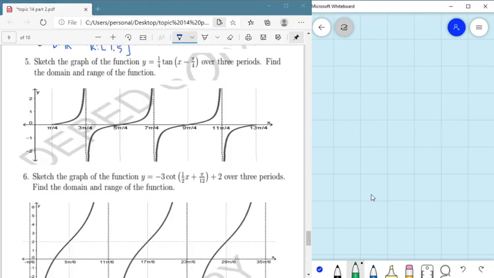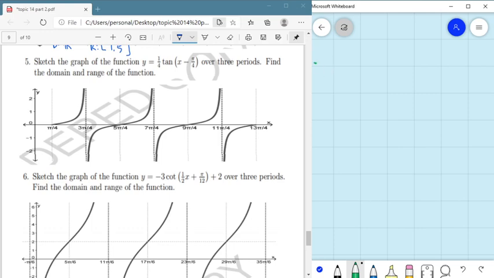Okay, next is number 5. We're going to sketch the graph of the function y equals 1/2 tangent of x minus pi over 4 over 3 periods. Find the domain and range of the function.